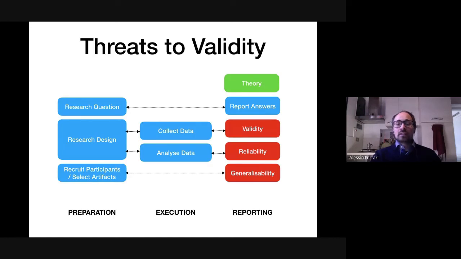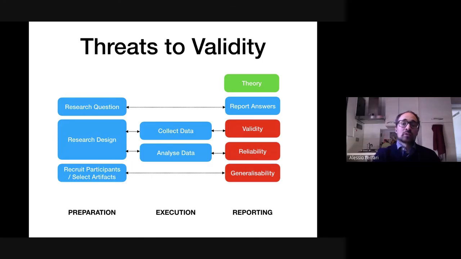As we saw, for a qualitative study, this is the relationship between the different phases and the threats to validity. Internal validity is mostly related to the research design and the data collection.